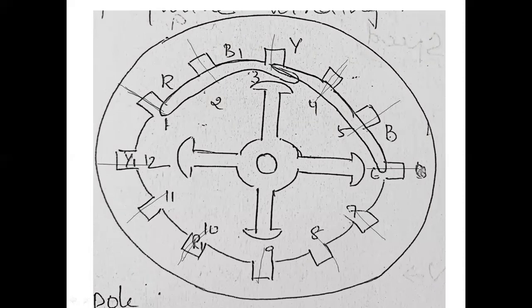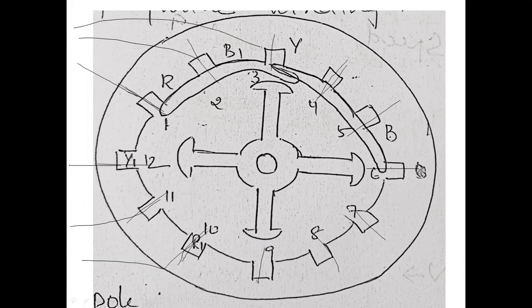Here the end rings are joined to form a star connection. First the R connection will be brought out at the starting and the finishing R connection will be brought out. After that, again B connection will be brought out, and ending B connection will be brought out, and Y connection will be brought out, and ending Y connection will also be brought out.